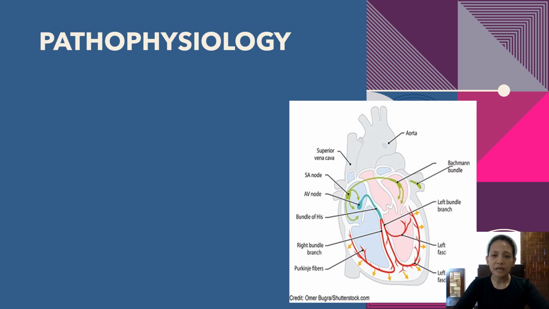It will be received by the AV node, which has a lower rate, and which allows the atria to complete the contraction. Then it follows the pathway to the bundle of His, which further divides into the left and right branches for the ventricular impulse generation, and will be completed by the Purkinje fibers. In this way, when all of this is completed, it will generate a P, QRS, and T wave rhythm.